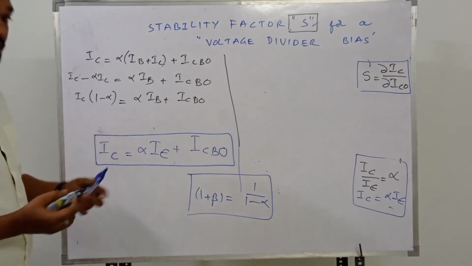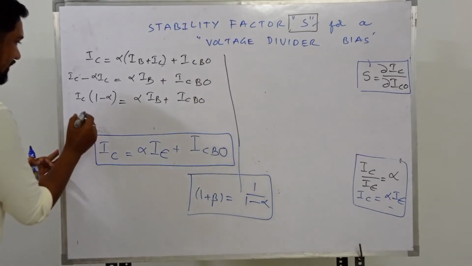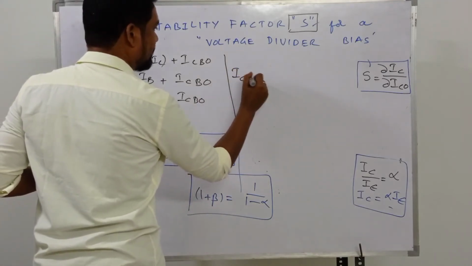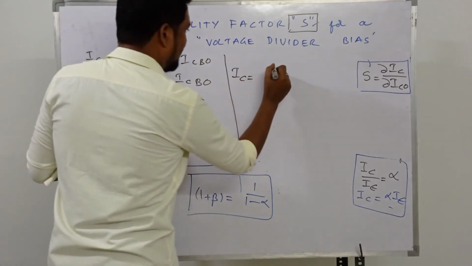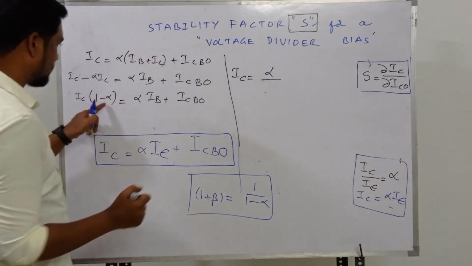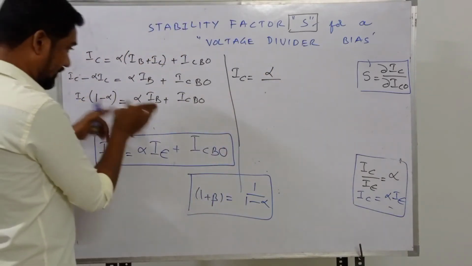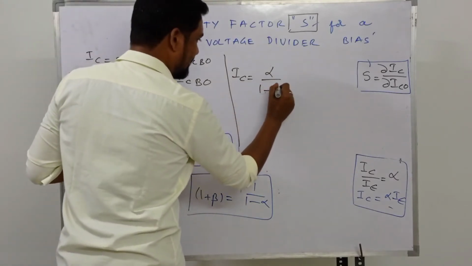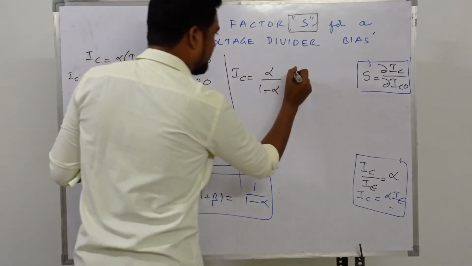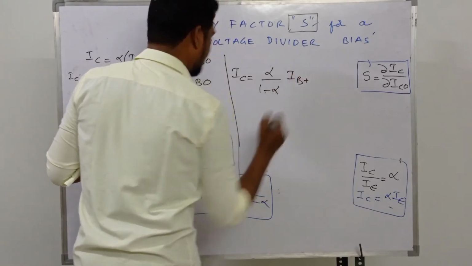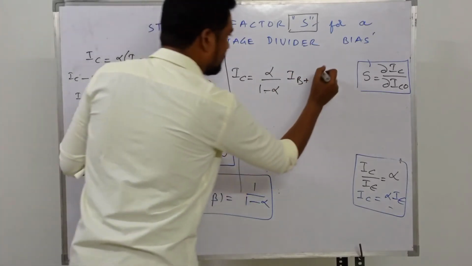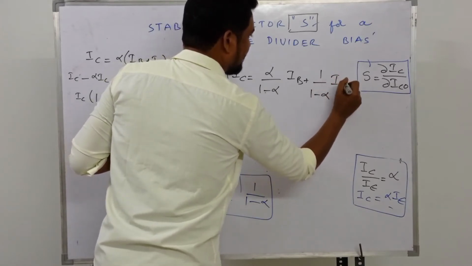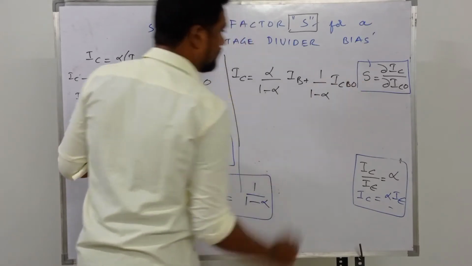We are in search of IC, so we need an expression for IC. IC will be equal to alpha by 1 minus alpha, since it is multiplying on that side, it will be dividing on this side. So alpha by 1 minus alpha into IB plus 1 by 1 minus alpha into ICBO.